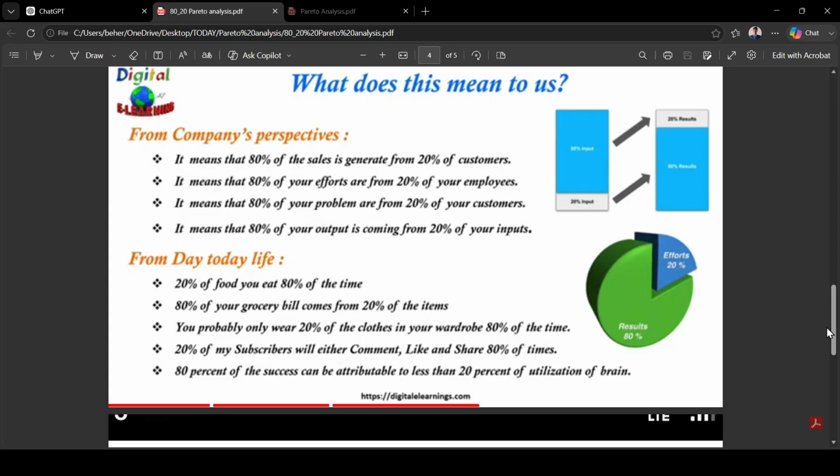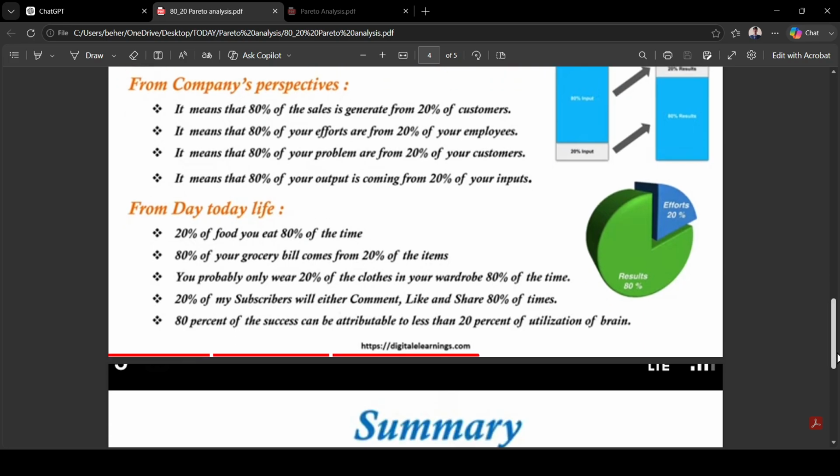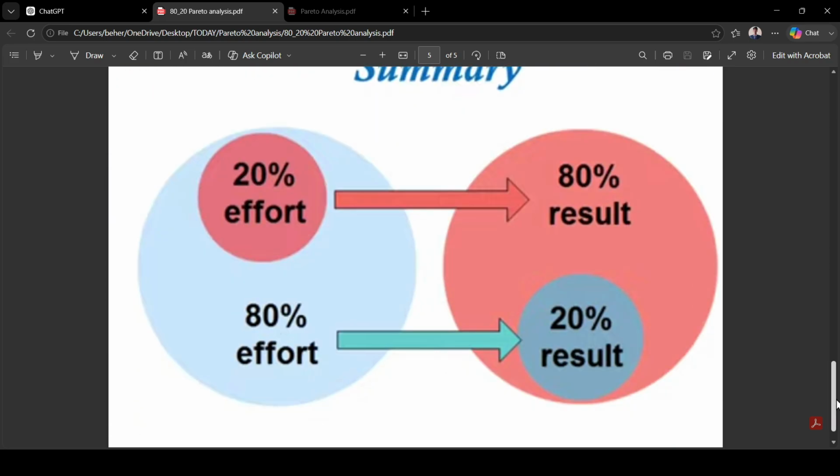You wear 20% of your clothes 80% of your time. 20% of my subscribers will comment, like, share. So 80% of the success can be attributable to less than 20% of the utilization of your brain. So summary: 20% input, 80% result; 80% input, 20% result. That depends upon the situation.